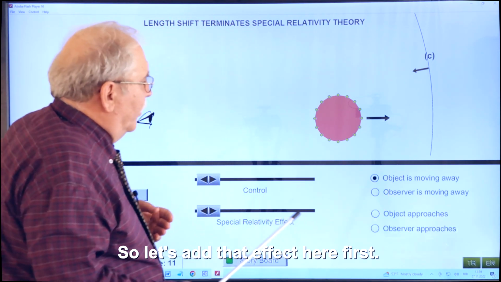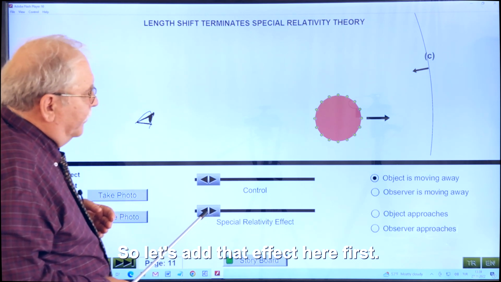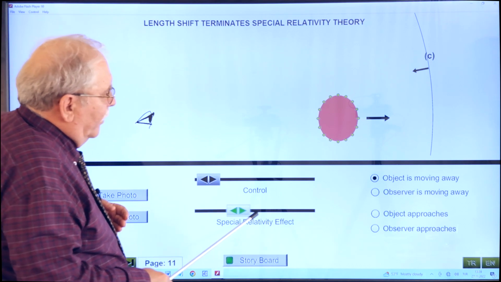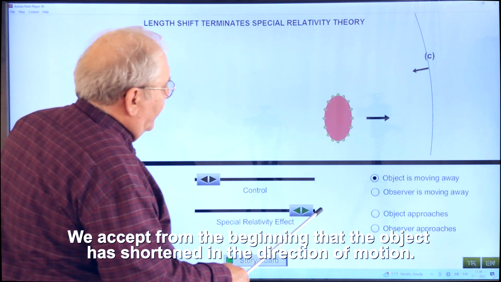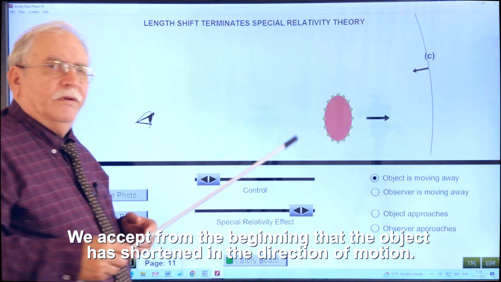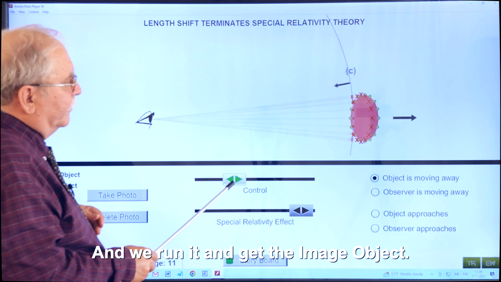So let's add that effect here first. We accept from the beginning that the object has shortened in the direction of motion. And we run it and get the image object.